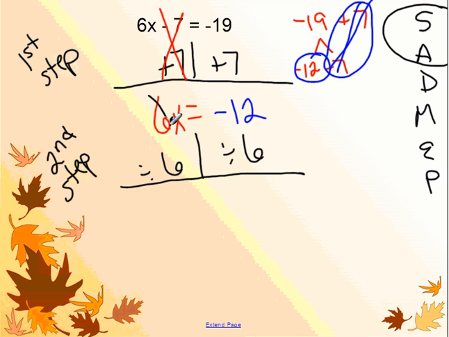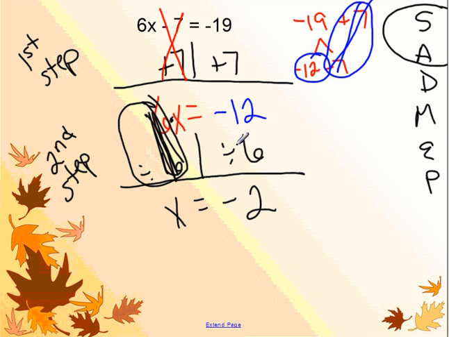Over here, my 6 cancels, leaving me with plain old x, and negative 12 divided by 6 gives me negative 2, because a negative divided by a positive is a negative, and 12 divided by 6 is 2. So now I'm going to write over here on the side x equals negative 2, but I'm not just going to say, yay, I'm done. I'm going to check it.